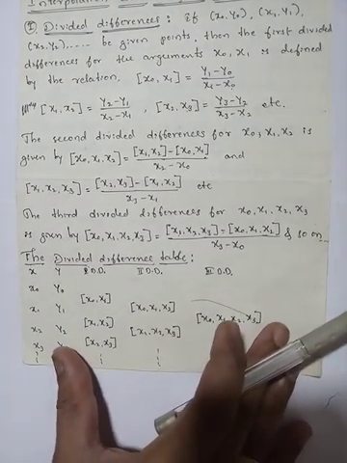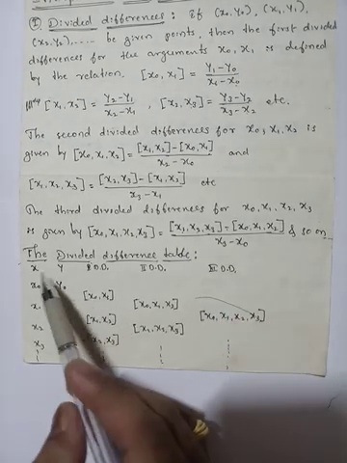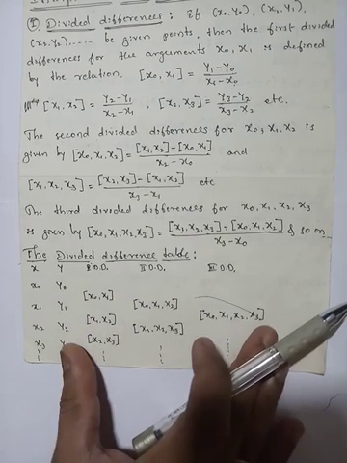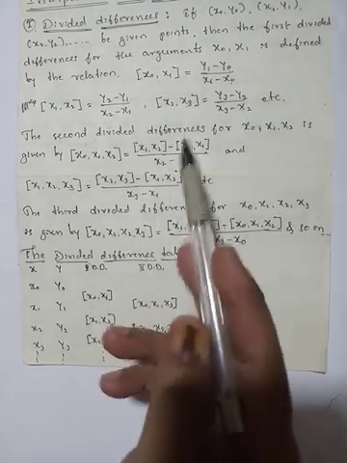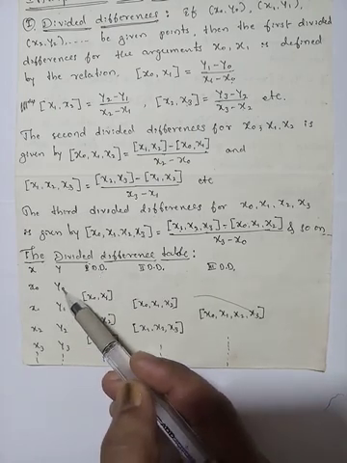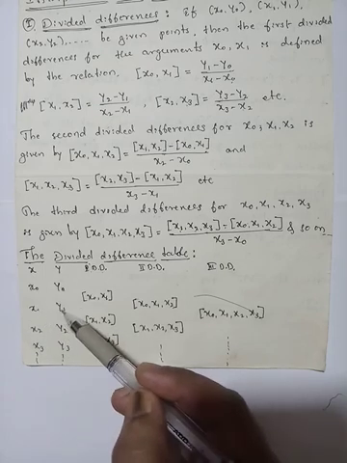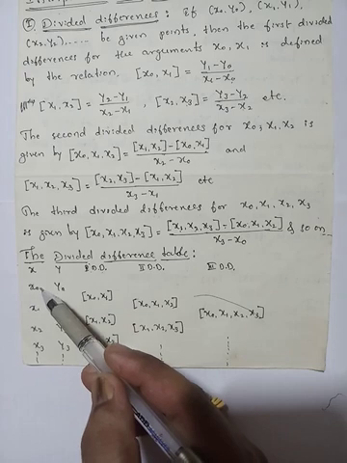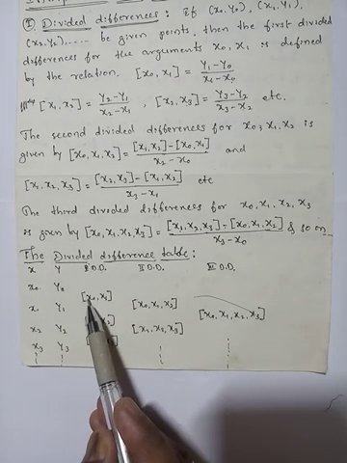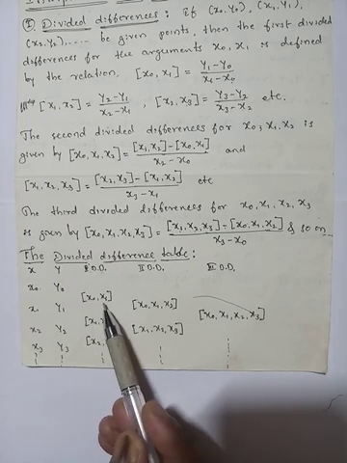These differences we put in a table form, taking the values of x and the values of y. As we defined the first divided difference as y1 minus y0 divided by x1 minus x0, that value we write in the middle, and x0 comma x1 is just a notation.